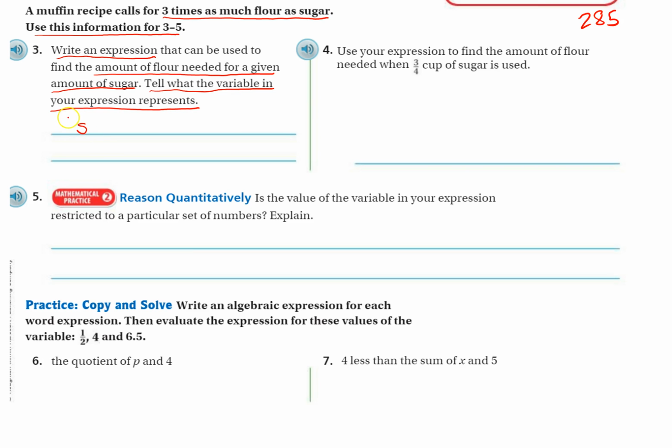And I need to multiply that by 3 because it's 3 times as much flour, so 3S, because whatever the sugar is, I'm going to multiply it by 3 to figure out how many cups of flour I need, or how much flour I need. I guess it doesn't say cups or whatnot. And then my S in this situation equals the amount of sugar.